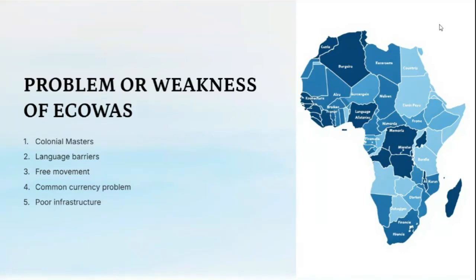So the political economy of member states is tied so that they are respectful to their former colonial masters. Even up till now, we still feel those white people are more superior than us. Not everybody, just the majority. Even the things we do, we cannot stand on our own.